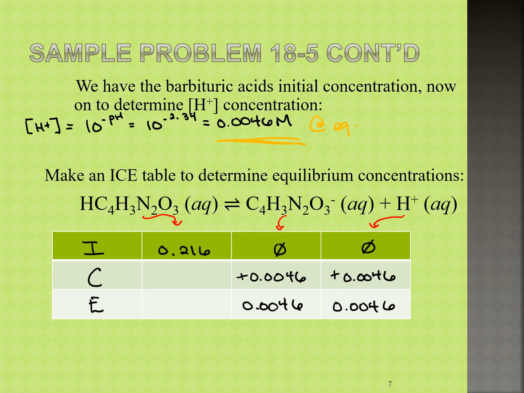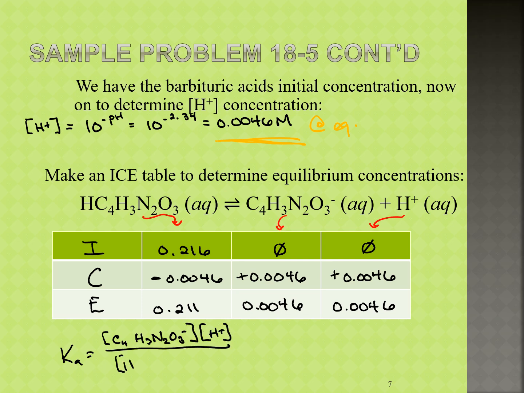In order for those to go up by that amount, since everybody is 1 to 1 to 1, this has to go down by 0.0046. So this is going to be 0.211. Now we have everything to plug into our Ka. Our Ka is going to be C4H3N2O3 minus times our H plus divided by our barbituric acid.